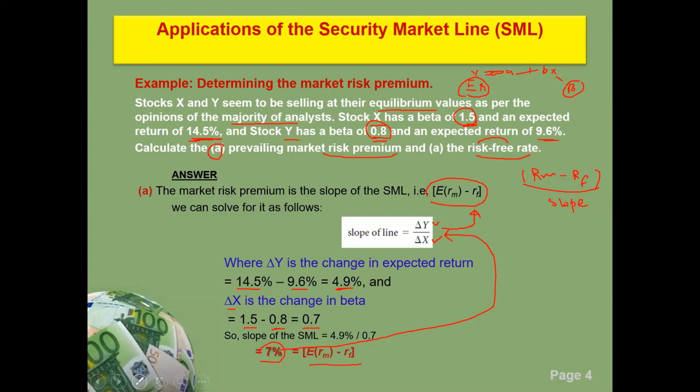Doctor, do we do the bigger number minus the smaller number? Yeah, that is better. But even if you do smaller minus bigger, both will be negative in the end. The answer will be the same, there will be no difference. But bigger minus smaller is better.